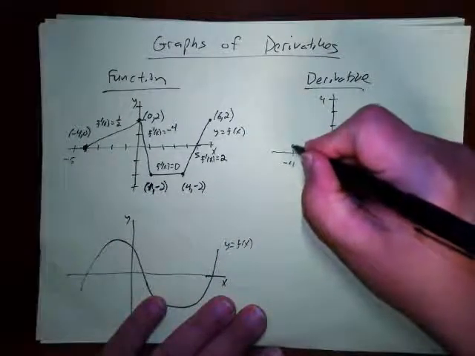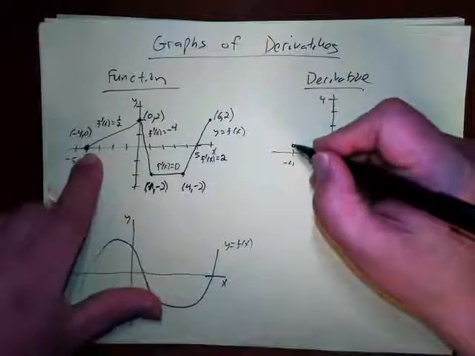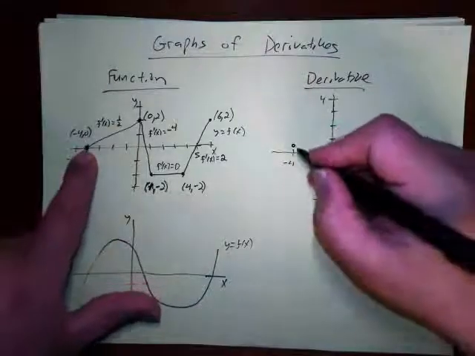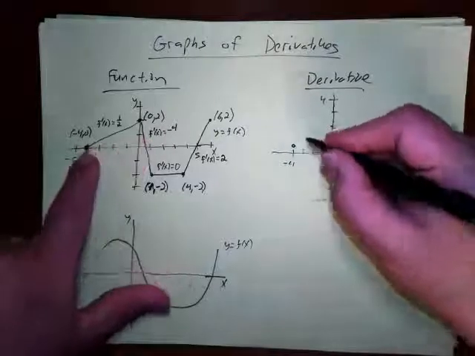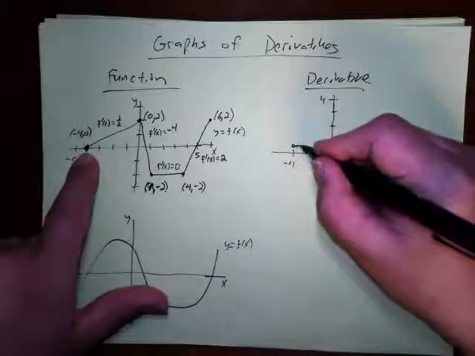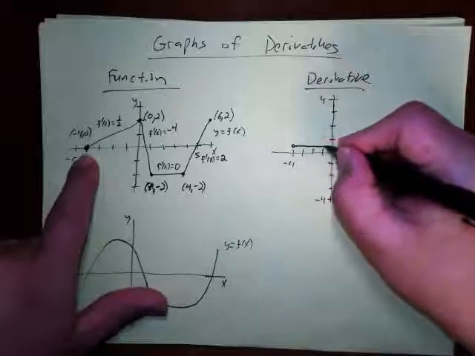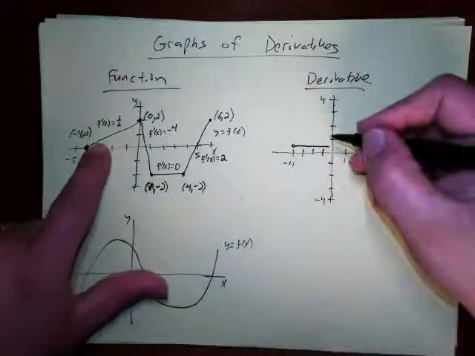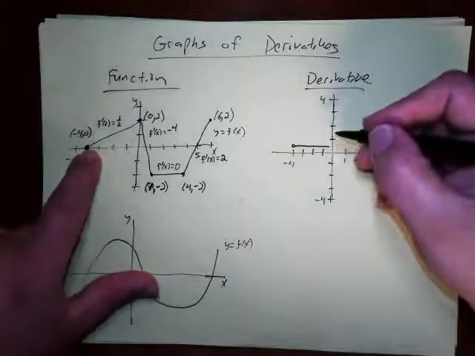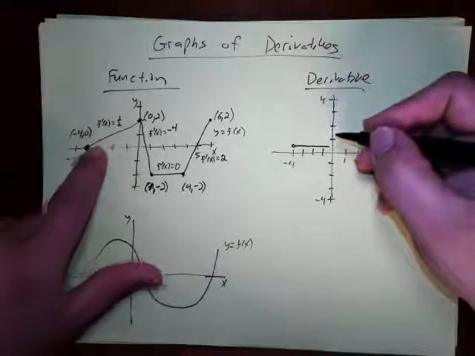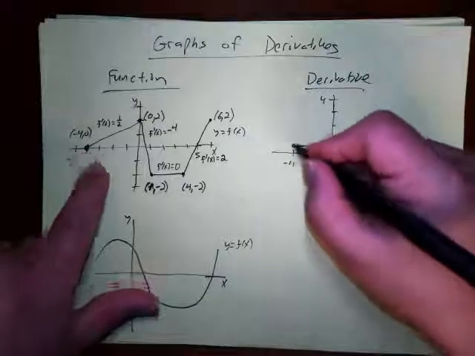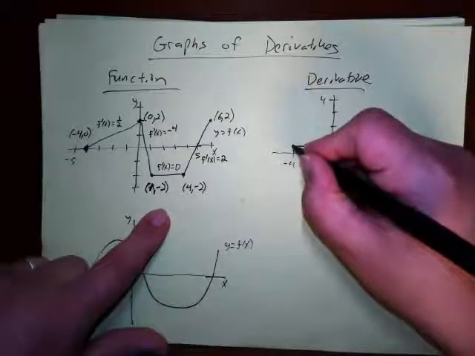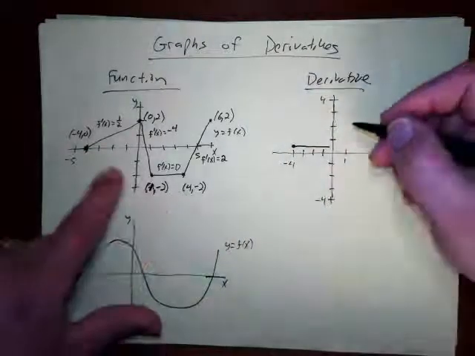At the end point, when you have an end point with nothing on the other side, the derivative does not exist at that end point here. And so then it goes like this. Though we can define the one-sided derivative, and if we define the one-sided derivative, then technically it would exist. So I'll actually put a closed dot there.